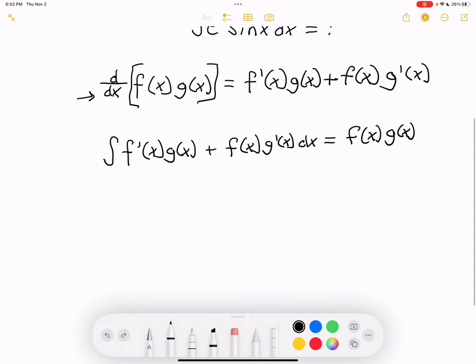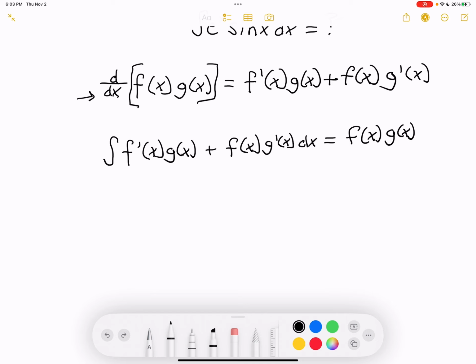Okay, now I'm just going to do a little bit of algebraic manipulation. This should be easy to follow. We're just going to subtract. Okay, now what we're going to do is just use a property of integrals. And a property of integrals, you may remember, is that you can take the integral sign over addition or subtraction.